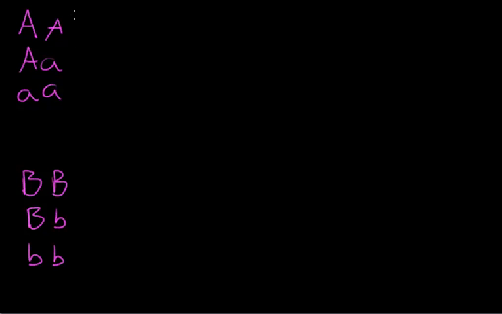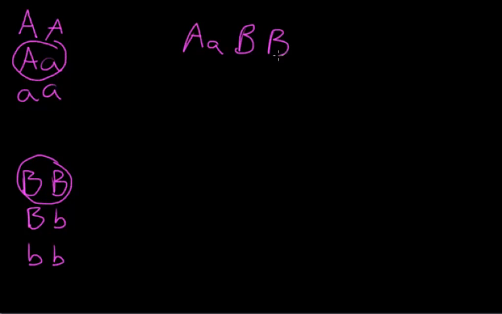So if we look carefully, let's pretend that we have one individual whose genotype for gene A is heterozygous, so they're big A, little a. And then for gene B, they are homozygous dominant, so their genotype is big B, big B. We have to figure out all the possible combinations of gene A and gene B that this person can produce.